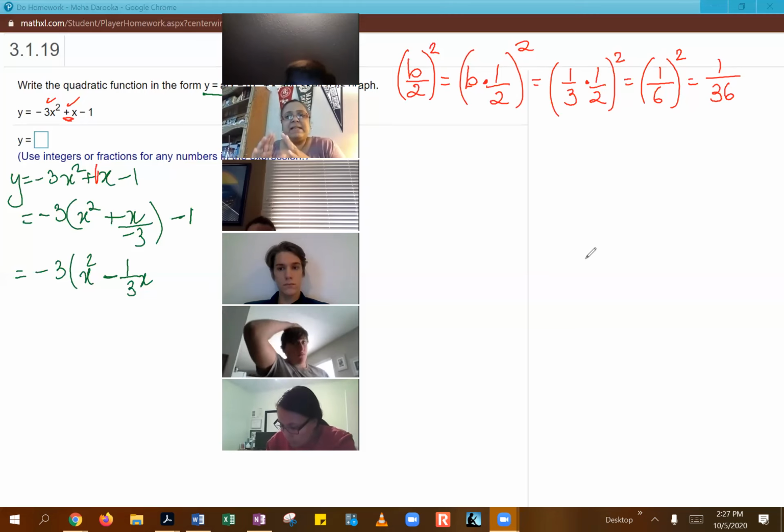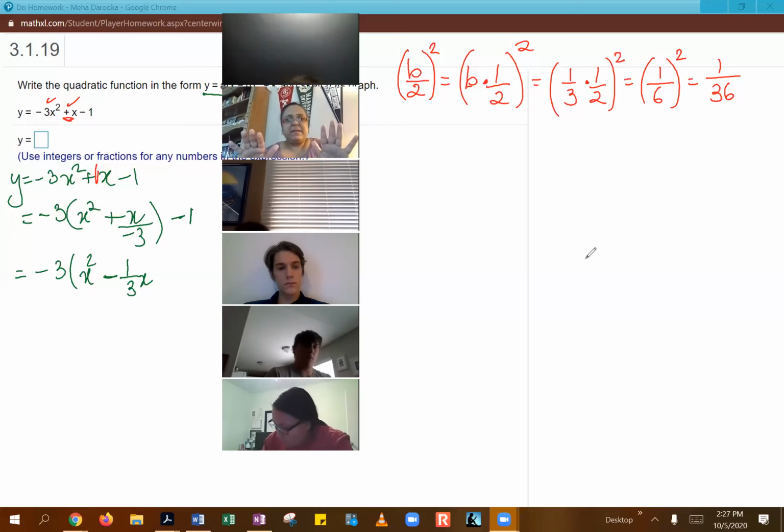So what happens, guys, if you remember again when we had talked about completing the square in the previous 2 chapters, this 1/36 traditionally would have been added to both sides of our equation, obviously to maintain the balance of our equation and not to change any value. Since we're not able to add anything on the left-hand side where we have the y, we will be adding and subtracting this 1/36 on the same side.